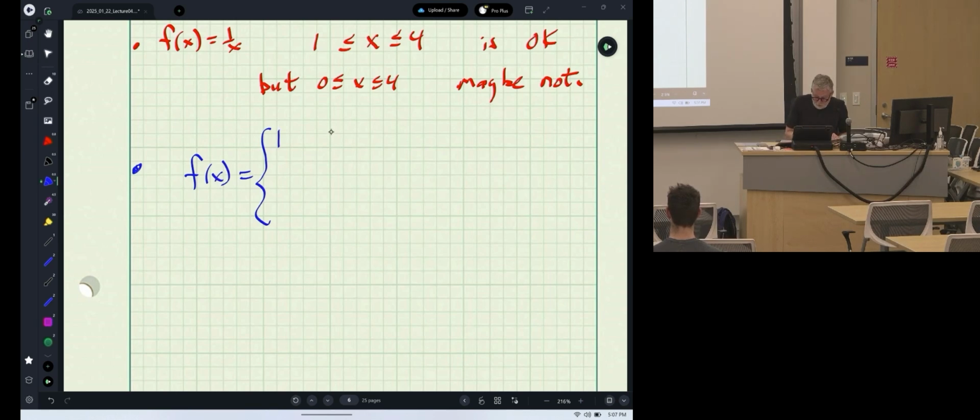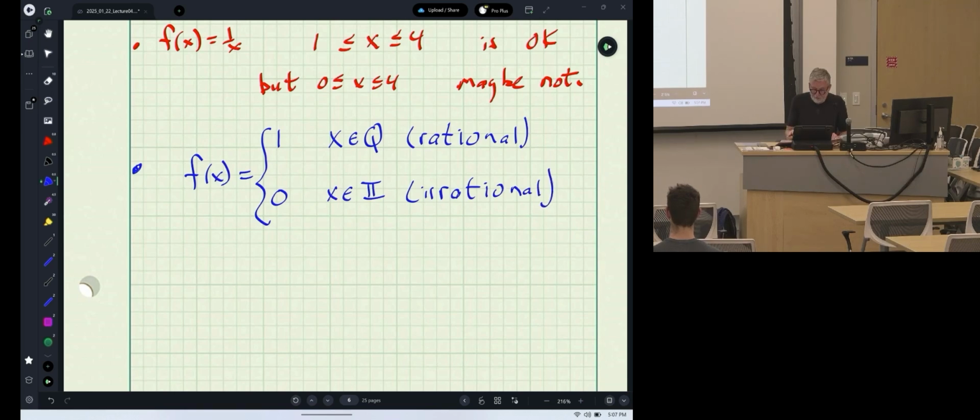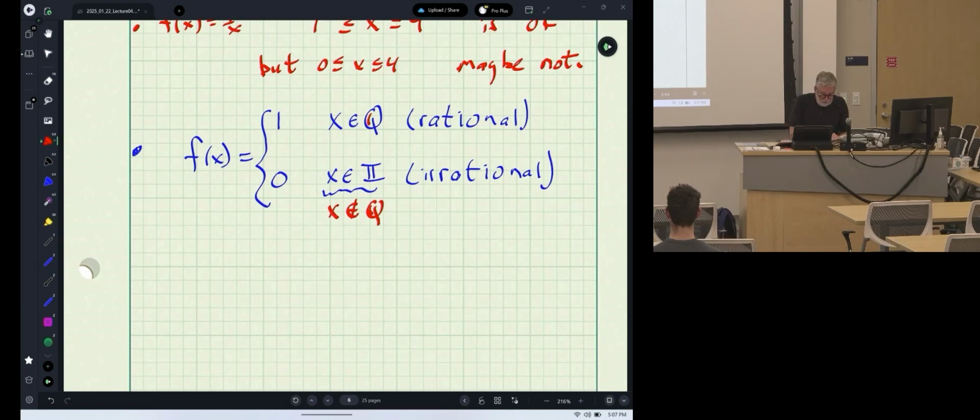It's 1 if x is rational, zero if x is irrational. You can also write that as x not an element of the rational numbers. Okay.